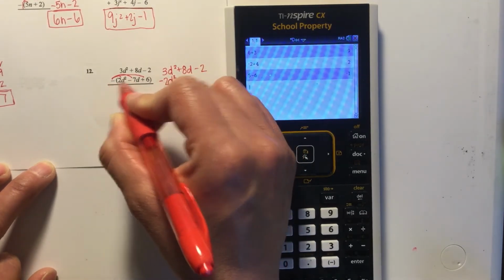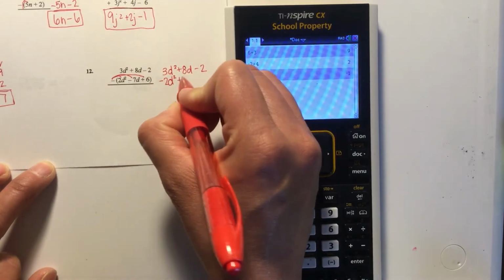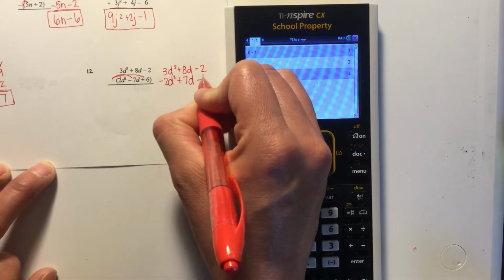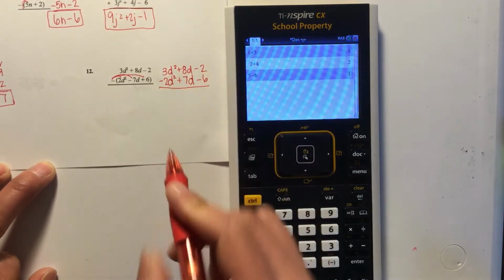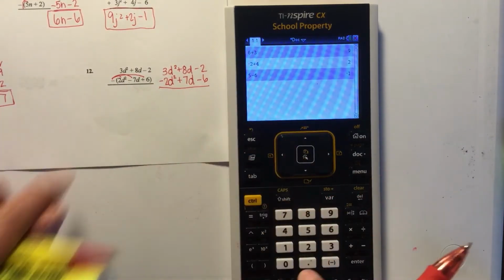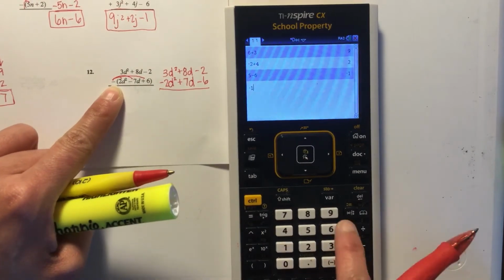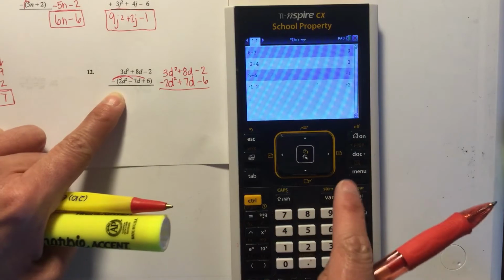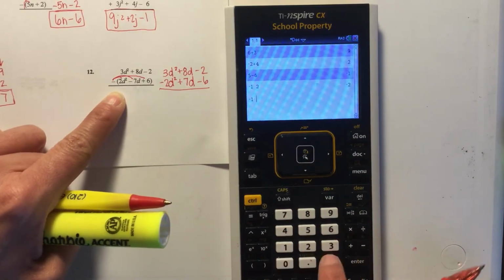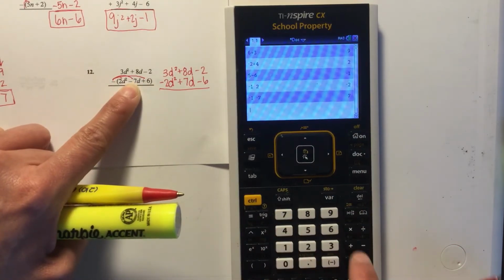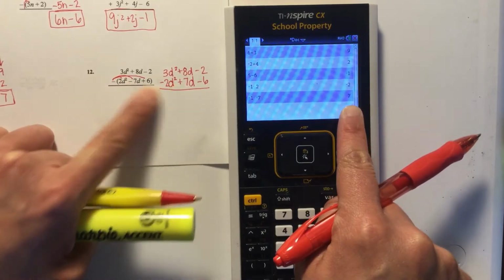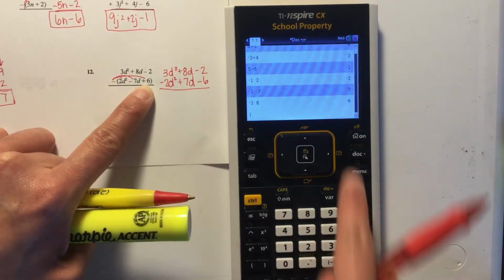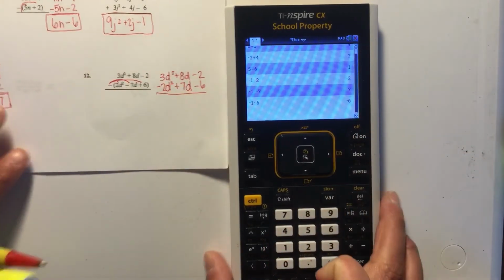This is going to change from a negative to a positive, so a plus 7d. And then from a positive to a negative, minus 6d. The reason it changes is because when you take a negative 1 times 2, you get a negative 2. When you take a negative 1 times negative 7, you get a positive 7. When you take a negative 1 times a positive 6, you get a negative 6. So it changes the signs.